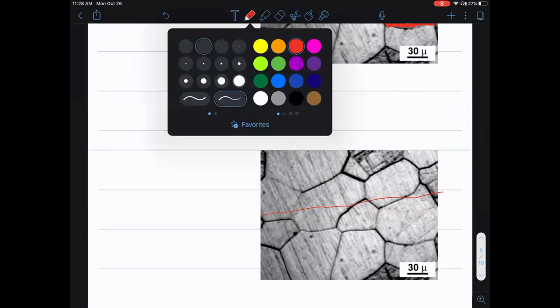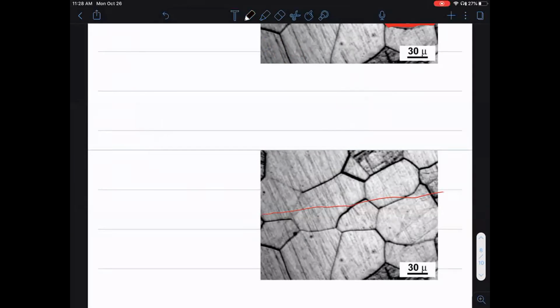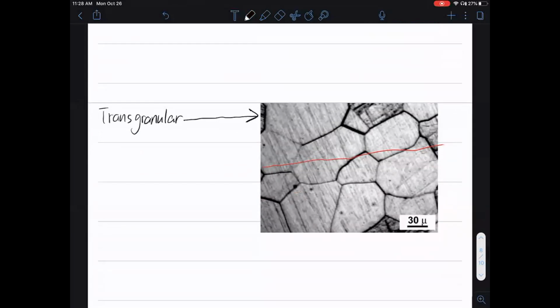And this type of fracture is called transgranular. So cracks propagate by breaking atomic bonds along a specific crystallographic plane.